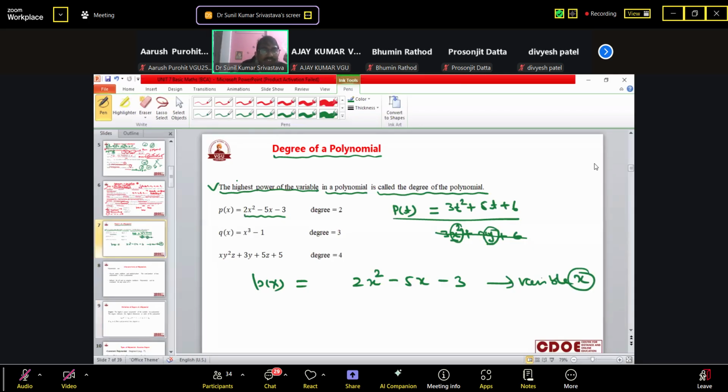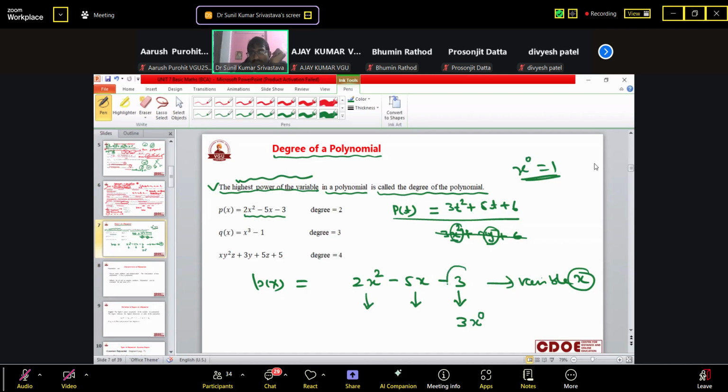So what is the definition? Highest power of the variable. The variable is x. Now we have to find the highest power of the variable. This has three terms: this is the first term, this is the second term, this is the third term. The third term is written as 3, but it can be written as 3 times x raised to the power 0, because any variable raised to power 0 is equal to 1. So it can be written that way.